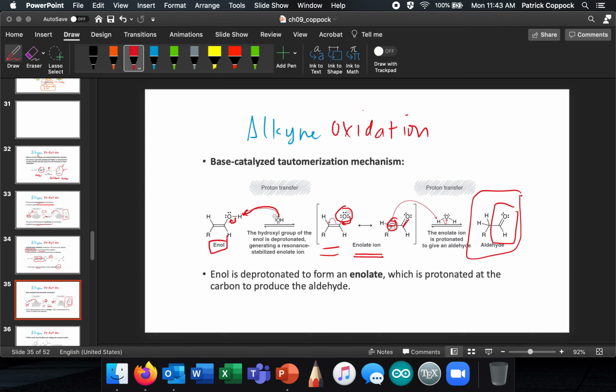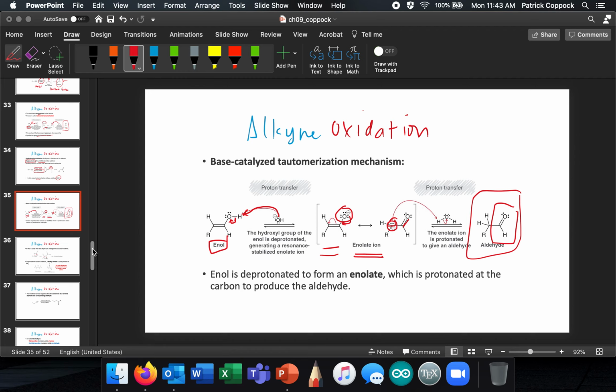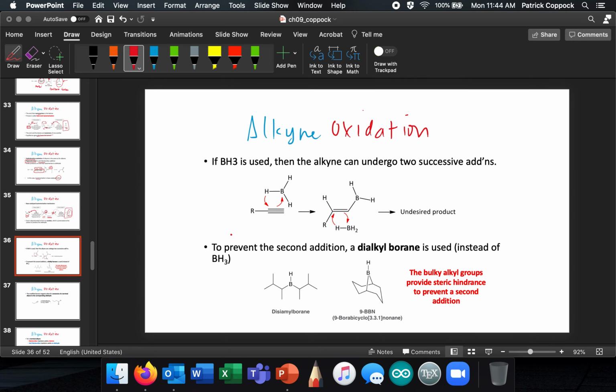My recommendation is you get a blank sheet of paper and walk yourself through both the acid catalyzed tautomerization and the base catalyzed tautomerization. I think you'll just be practicing things you've done before, and it'll solidify other things as well as get you comfortable with this material. Now, it turns out if we use borane, we oftentimes get two successive additions.